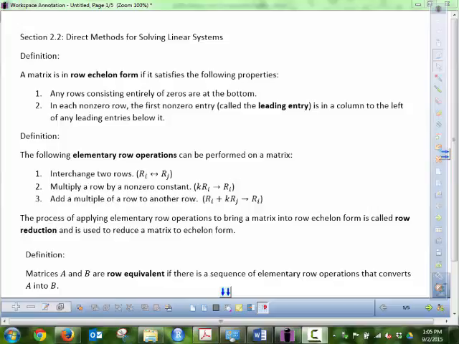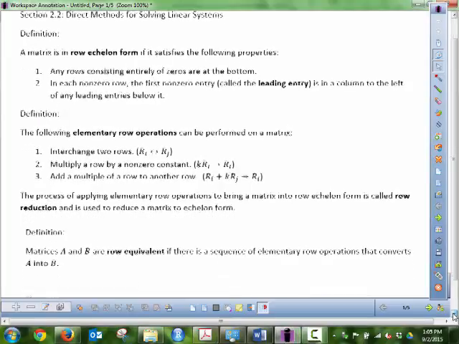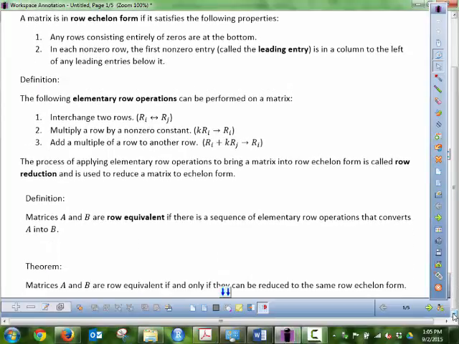So the process of doing these row operations is called row reduction. You're reducing this so that it's in echelon form, row by row. And then a definition and a theorem to get us started: if you have two matrices that can be converted one from the other using the row operations, they are called row equivalent.